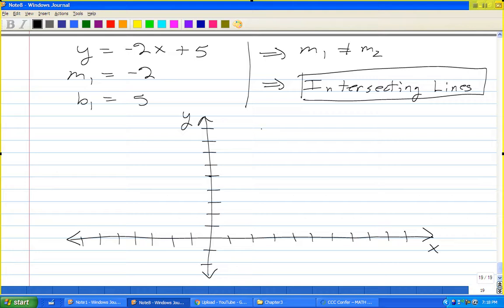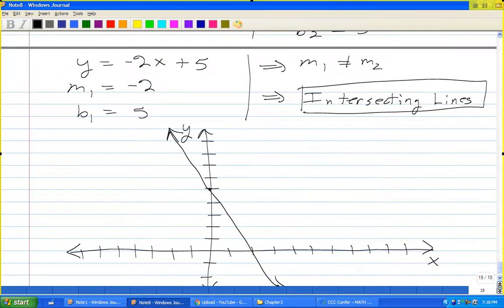And the slope of negative 2, so go over 1 down 2. So it should look something like, yeah, well, not a very good graph, but okay.